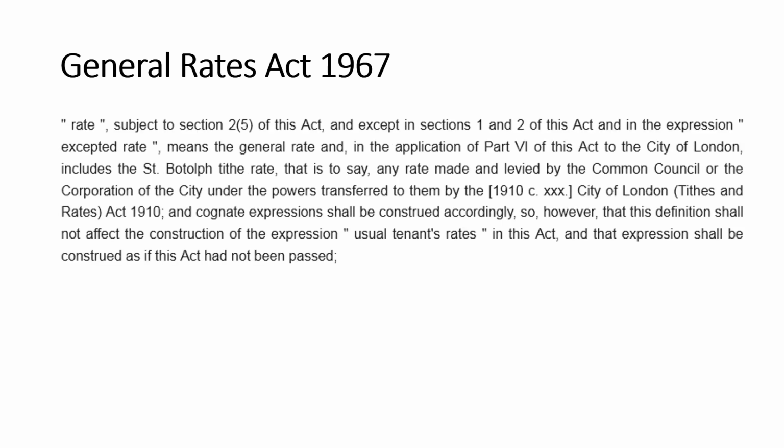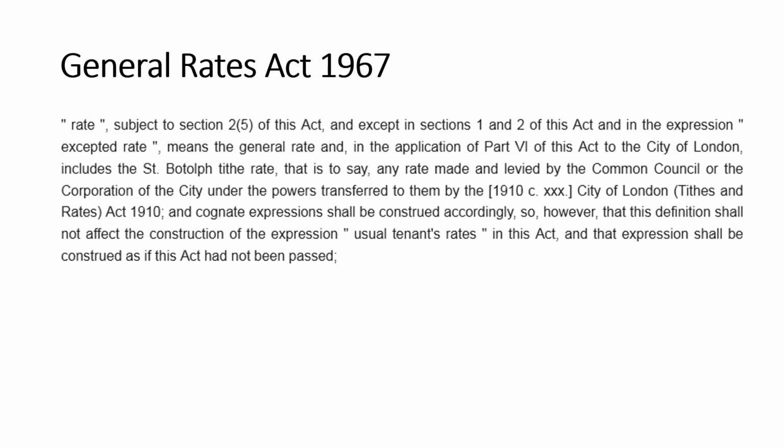Now, rate is subject to Section 2 sub 5 of this Act, and except for Sections 1 or 2 of the Act, the expression rate means a general rate in the application of Part VI of the Act. In the City of London it includes, and that gives a certain area, a rate made by levy of the Common Council of the Corporation of the City, under the powers transferred to them by Section 19 of the London Rates Act 1910.